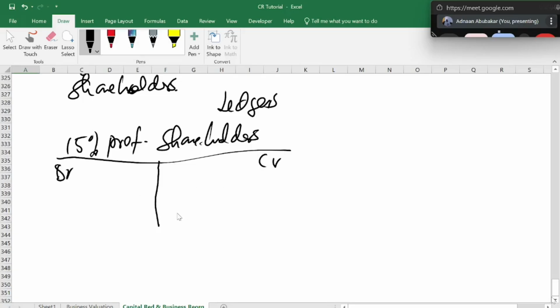Preference shareholders, is the balance credit or debit? It's still credit, so you have your balance brought down, which is 50,000. And they agree that out of 50,000, they want to convert 40% of this to become ordinary shareholders.